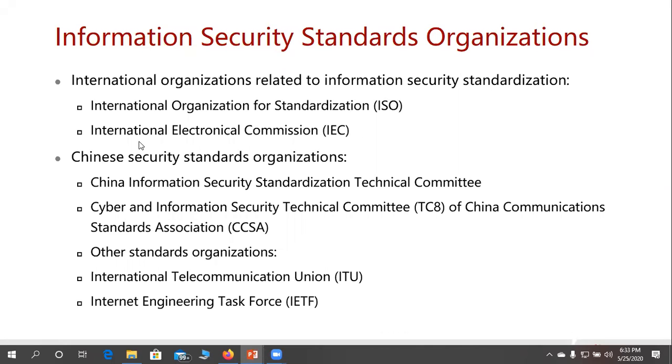And then we have the International Electrotechnical Commission, IEC. This is an organization which has come up with standards in electronics and electrical, okay? And then we have other standards here. For example, China Information Security Standardization Technical Committee. These are the organizations from China.